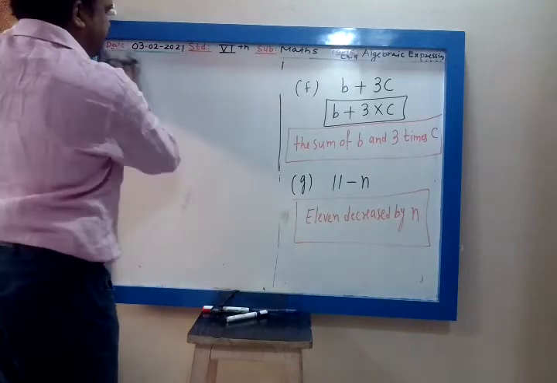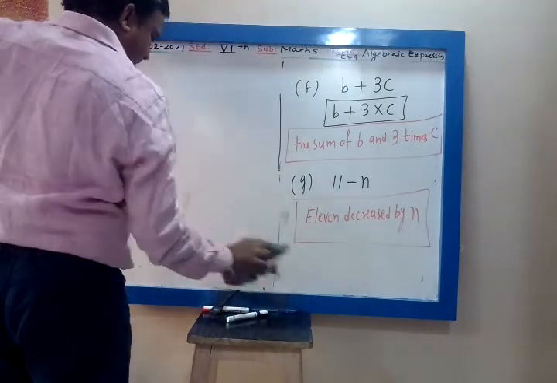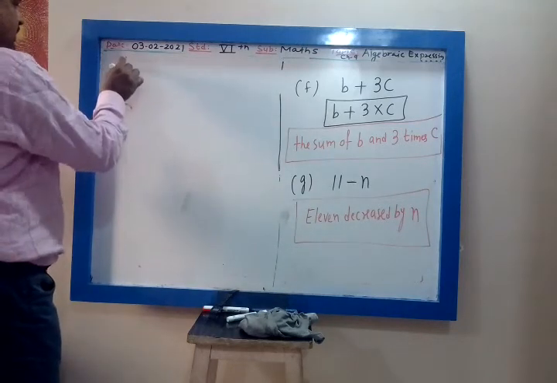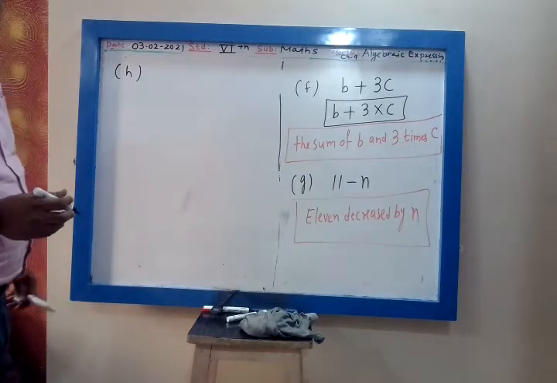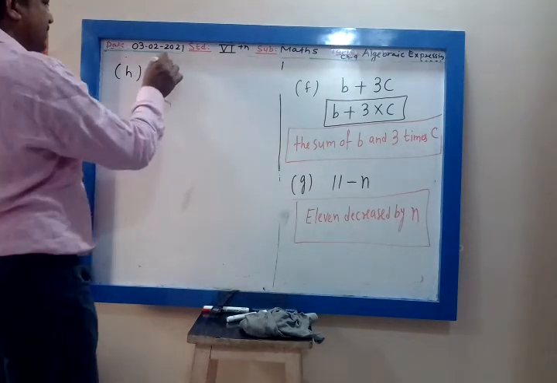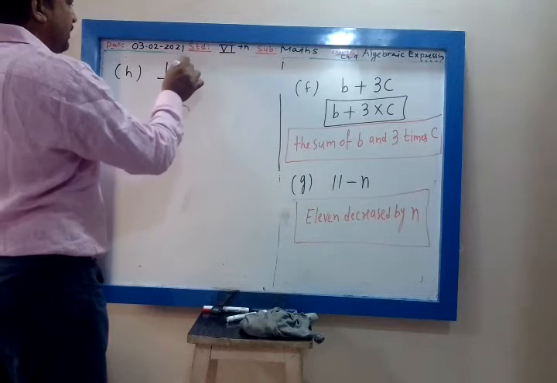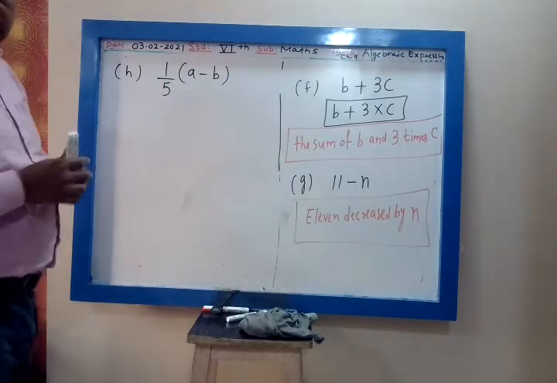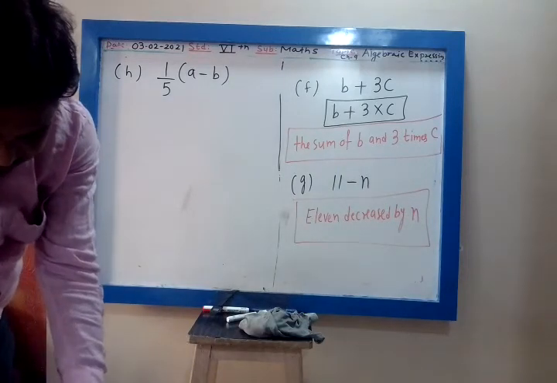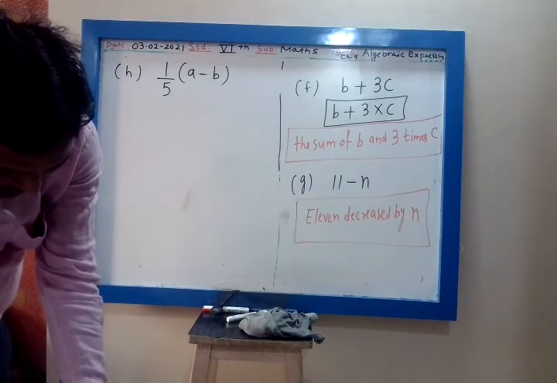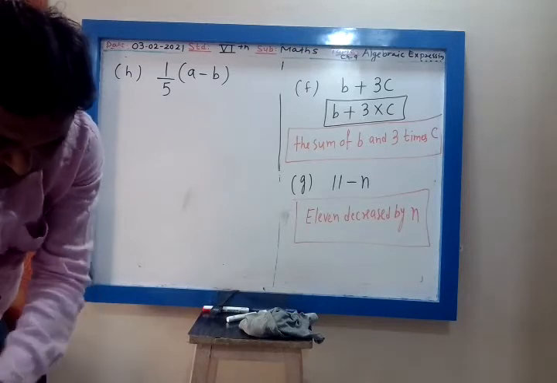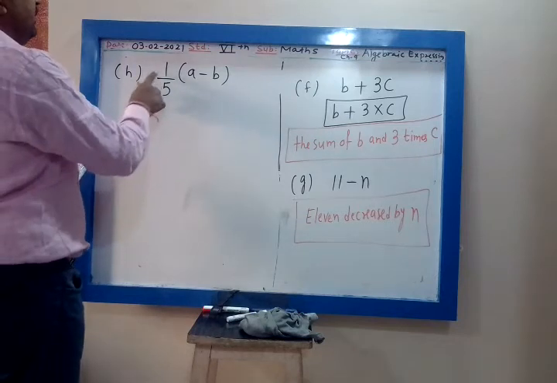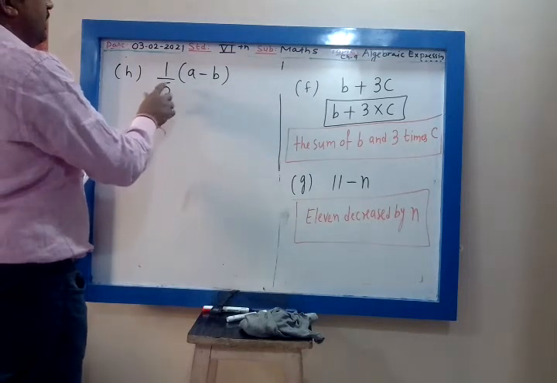Then h. H is 1 upon 5 of a minus b. What do you mean by 1 upon 5? 1/5. 1/5 of which number?